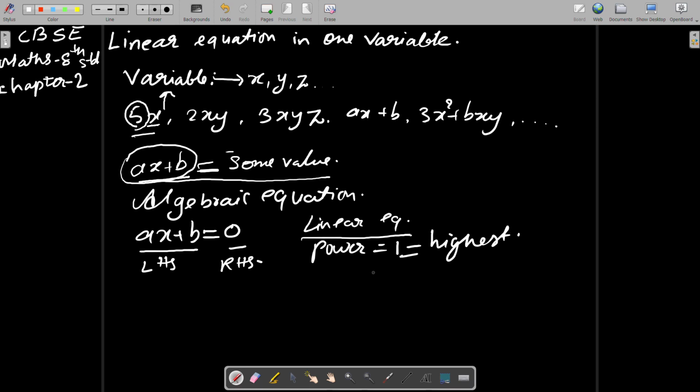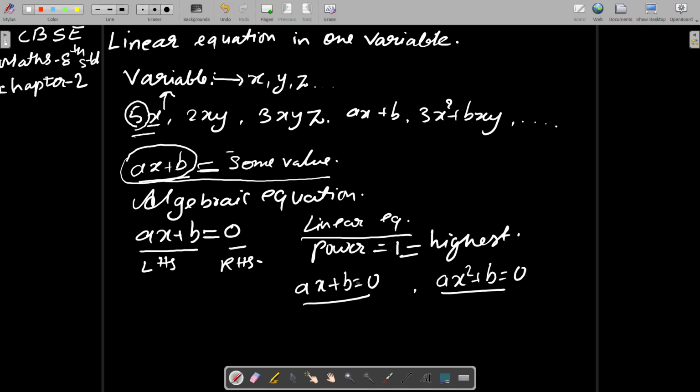Now just see, we have two equations. One is ax plus b is equal to 0, and the same thing I will write as ax square plus b is equal to 0.